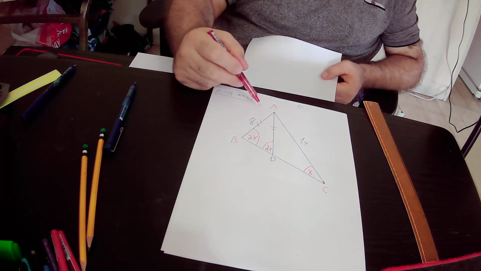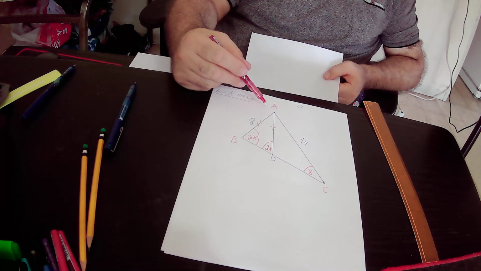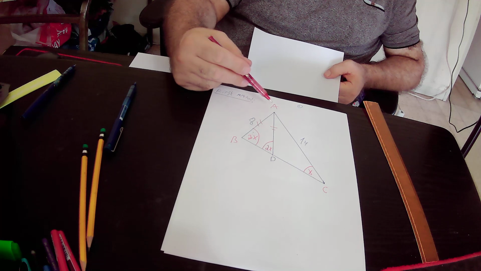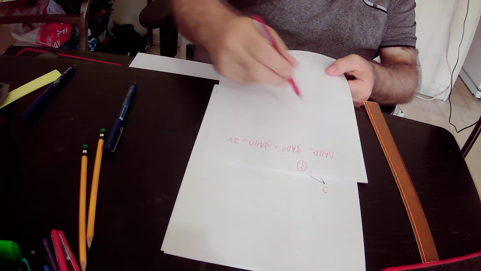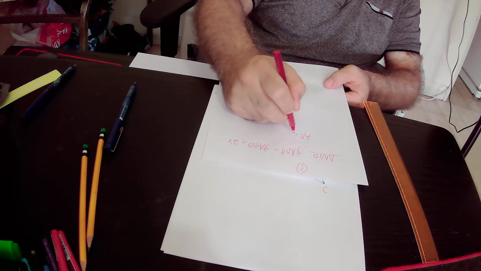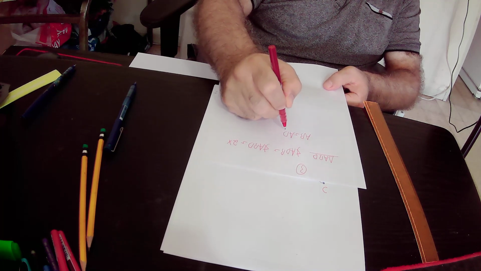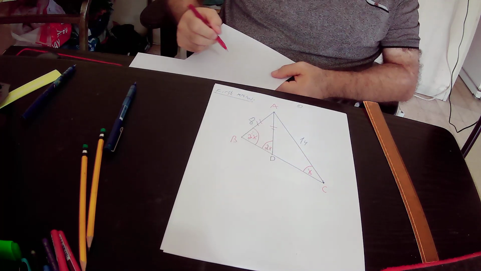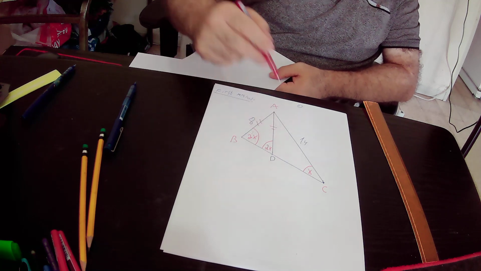Therefore, according to rule number 1, AB equals AD.